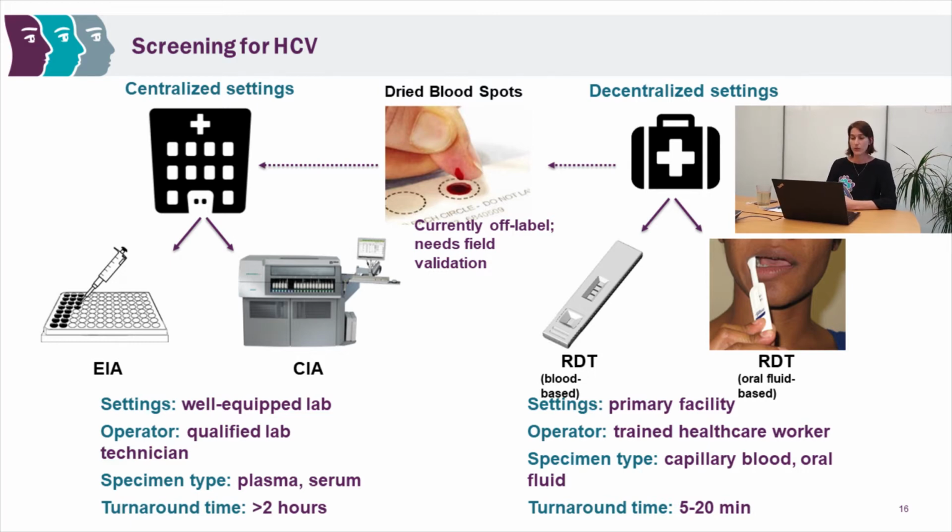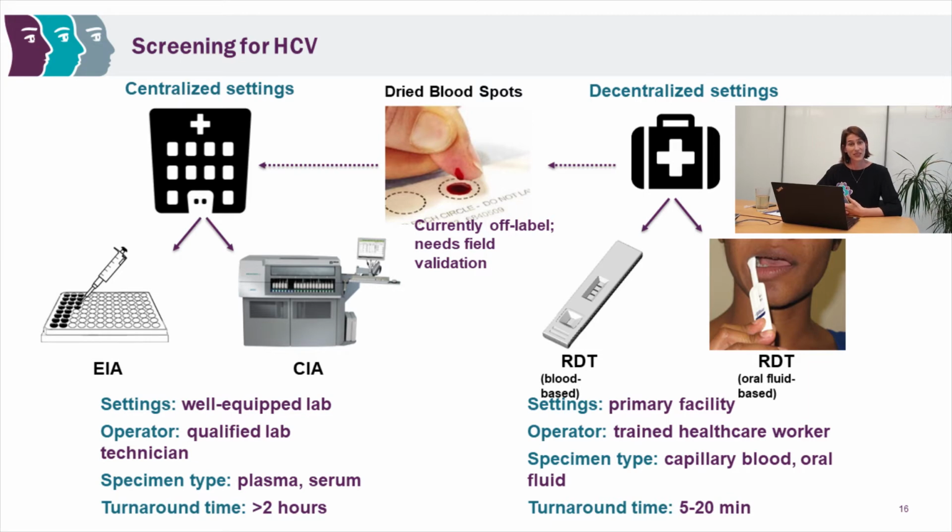In these settings, you can use the RDT blood-based, or for hepatitis C, there is an oral fluid-based RDT. And we have a picture on the slide so you can see what that looks like. Now, in these settings, you still do require a trained healthcare worker to administer the test. And you can use capillary blood, oral fluid, and the turnaround time to results is between 5 and 20 minutes.